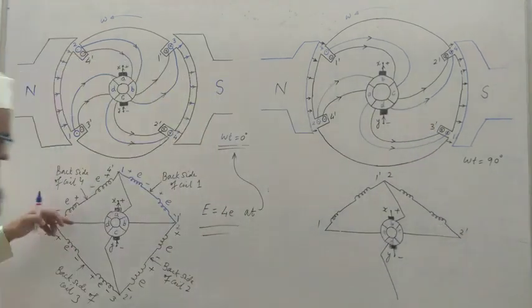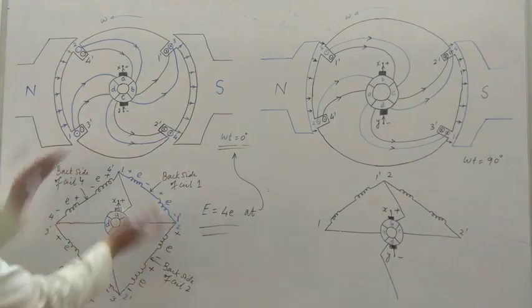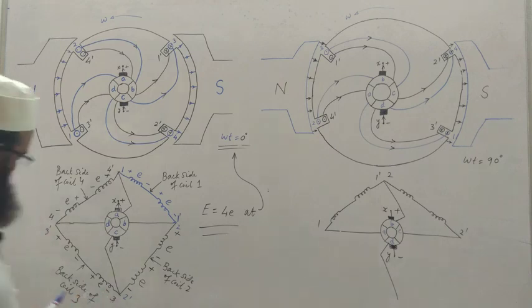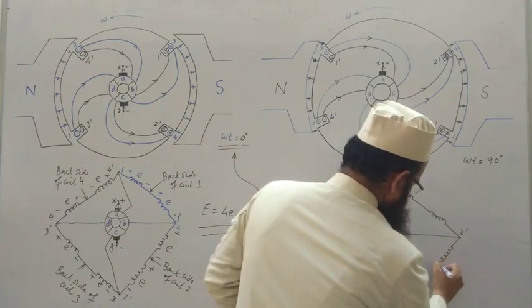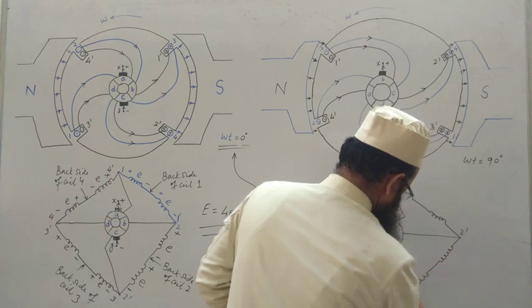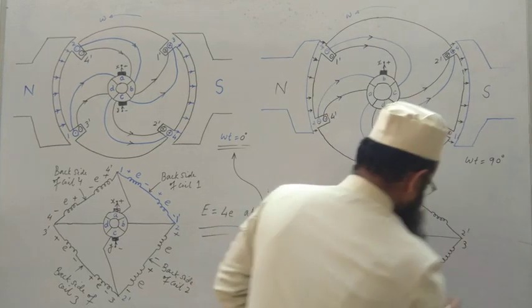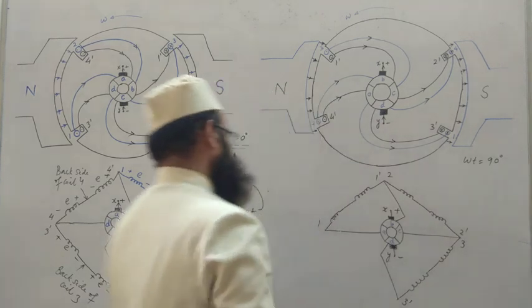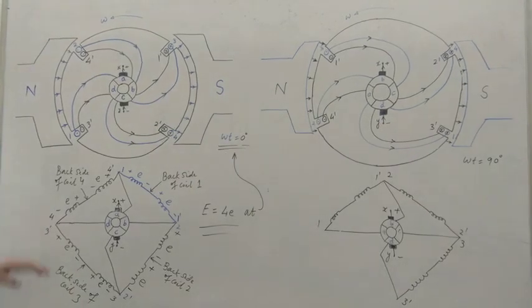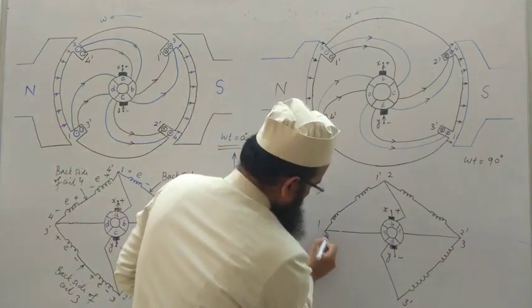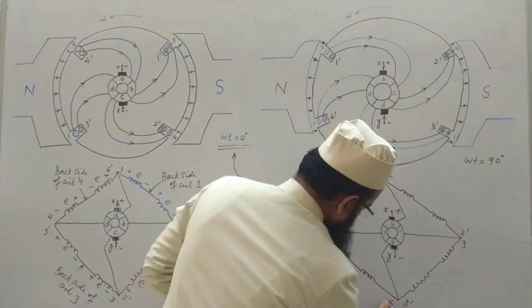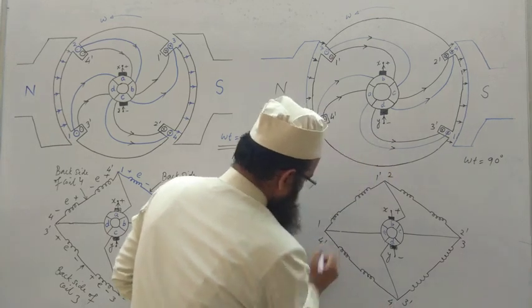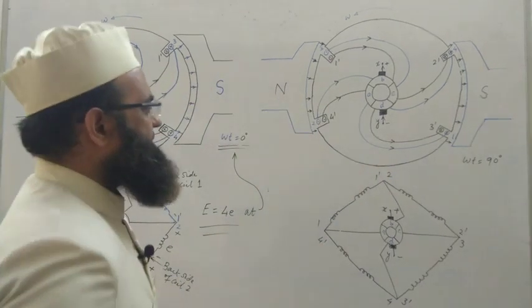Similarly, this position will come here by rotating 90 degrees, so 3 dash. So this is 3 dash, and then 4 and 4 dash. You may check from here itself.